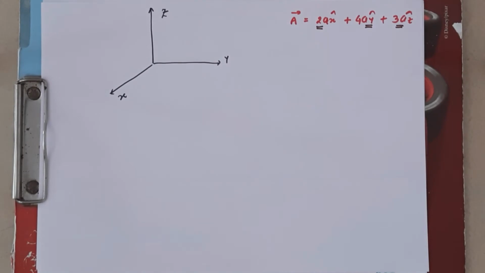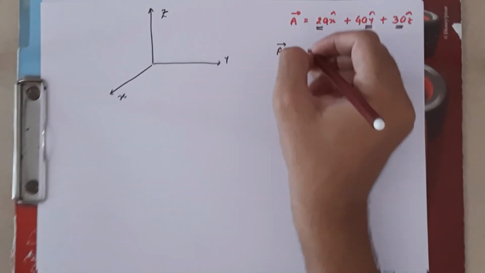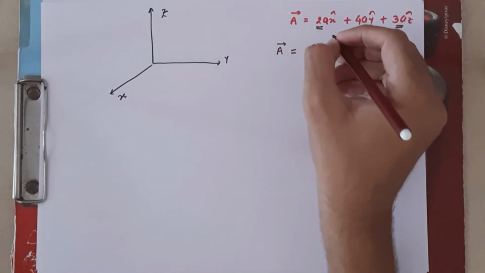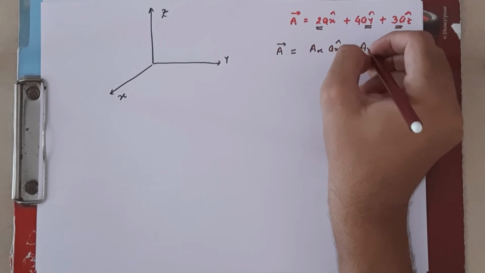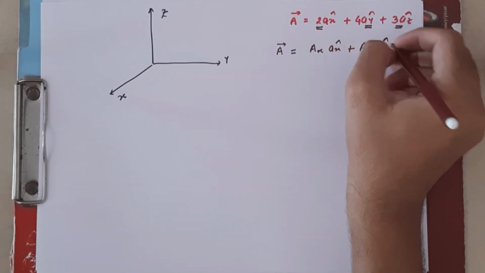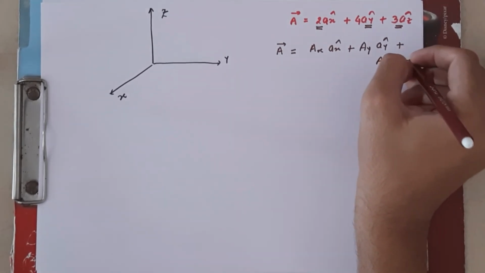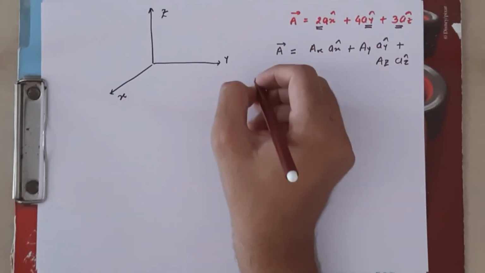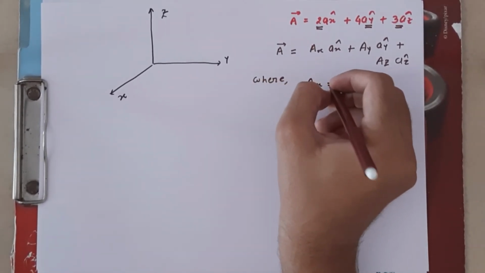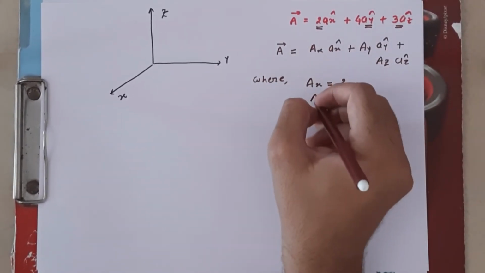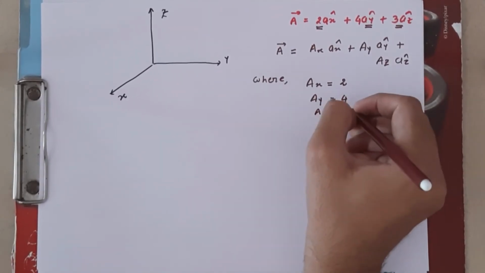You may also write vector A equals capital Ax ax plus Ay ay plus Az az, where Ax is 2, Ay is 4 and Az is 3.